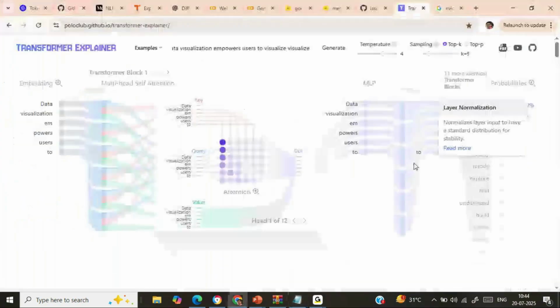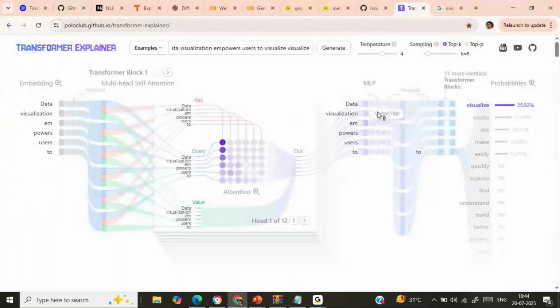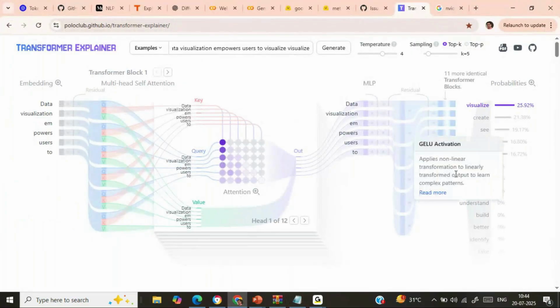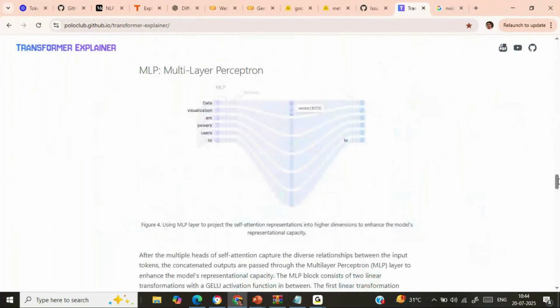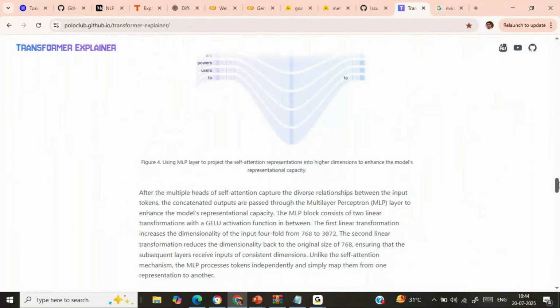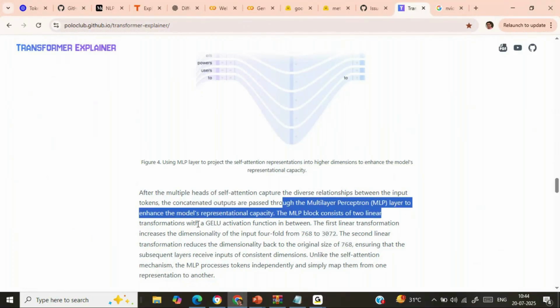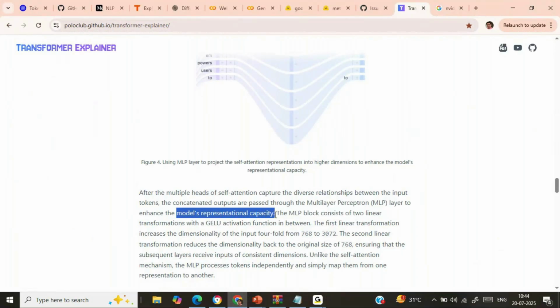Then MLP will come into the picture. That is nothing but multi-layer perceptron. It will try to change the weight. So just have a look over here. After the multi-head self attention captures the diverse relationship between the input tokens, the concatenated outputs are passed through the multi-layer perceptron MLP to enhance the model representation capacity.